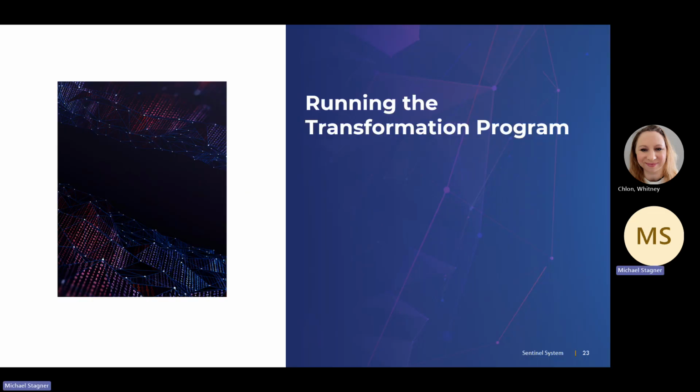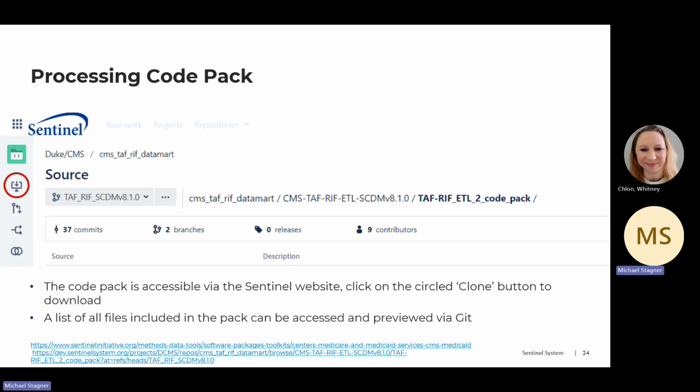So once we know what data we want to use and how we want to get there, we actually run the code that we put together to transform the source data. The ETL code can be found in the Sentinel Git repository, and can be accessed there.